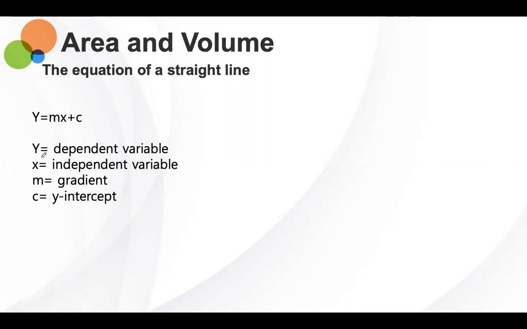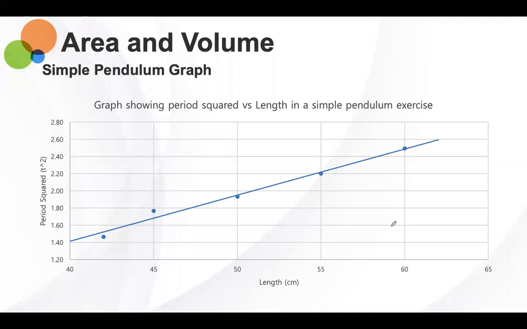So y is our dependent variable, x is our independent variable. Dependent variable means that it depends on x. As x changes, you'll find that the period squared changes. So y is our dependent variable and x is our independent variable.